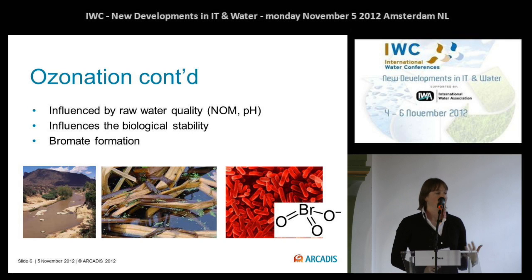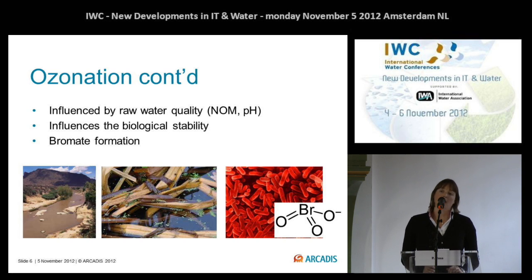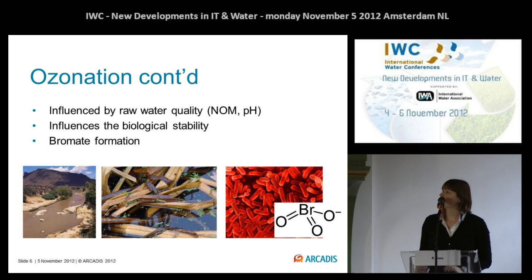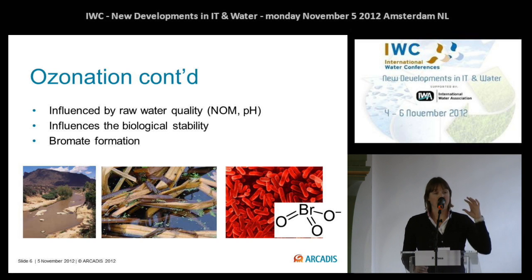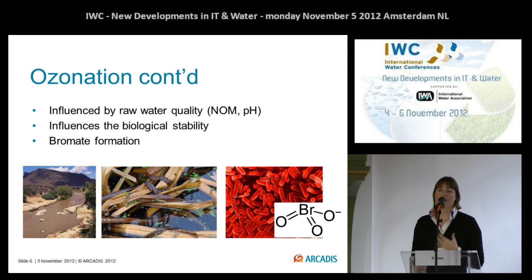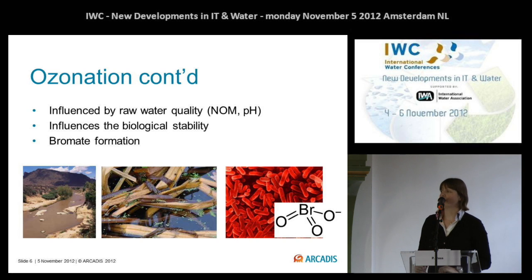Ozonation is influenced by the raw water quality coming in before ozonation. For instance, if you use surface water, natural organic matter can be present in the water, which is a scavenger of ozone. So ozone first reacts with natural organic matter, and then afterwards, if there's still ozone available, it can be used for disinfection and for organic micropollutants. The influent quality really interferes with the ozonation and determines the amount of ozone that is required to achieve sufficient disinfection.